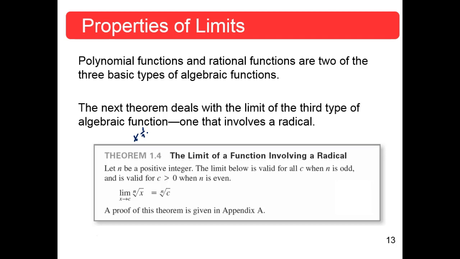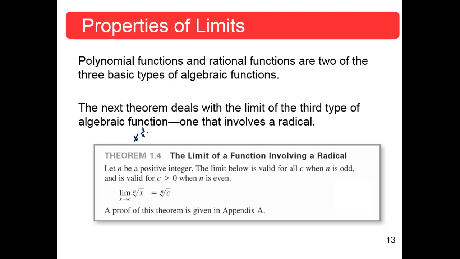If n is even, that requires c to be positive. You cannot take an even root of a negative number, okay? If n is odd, though, c could be any real value, and this will be true.